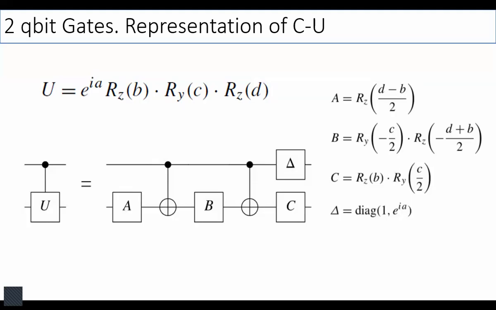This is one qubit. And this is what is happening with the second qubit if the first one is equal to 0.